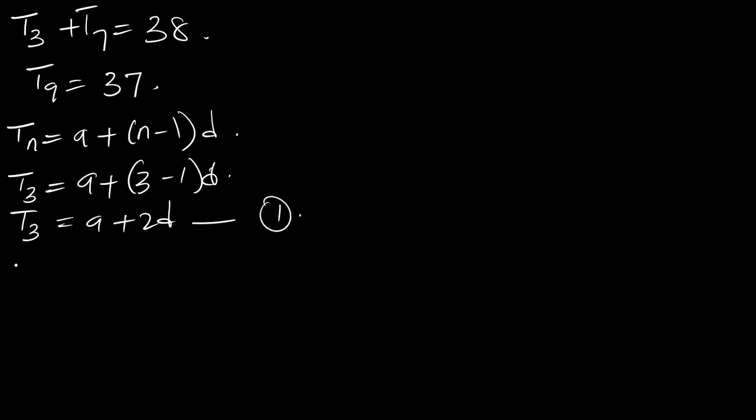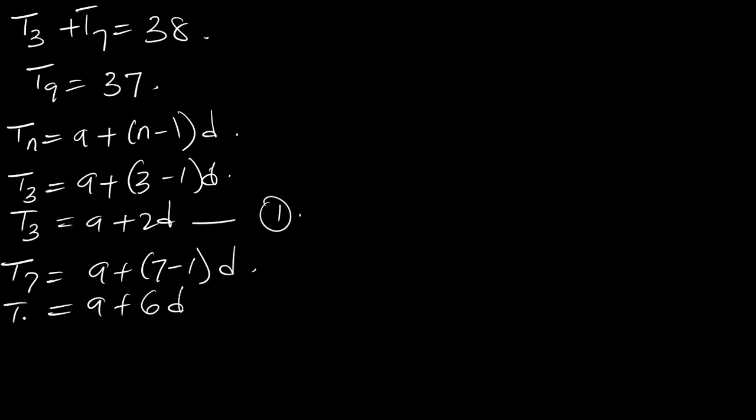Now the seventh term is the same thing as a plus 7 minus 1 times d, which is a plus 6d. Now let's look for the ninth term.